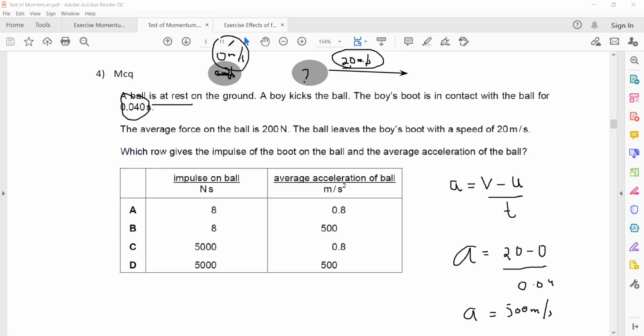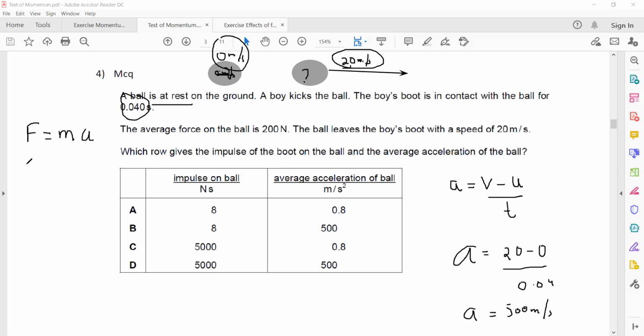The second thing, we have to calculate impulse or change in momentum. For calculating impulse, mass multiplied by initial velocity will give us the initial momentum, and mass multiplied by final velocity will give us the final momentum. But we don't know the mass. We can calculate the mass. How? F is equal to ma. Force is equal to mass multiplied by acceleration.